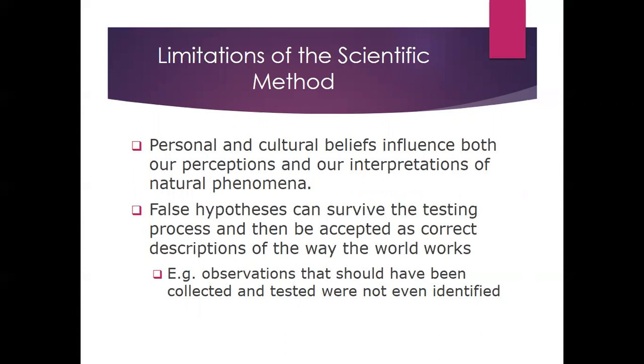All right. And that perception now can cause us to develop false hypotheses from the beginning. And if we have a false hypothesis, that can survive the testing process, and then you end up accepting the results as correct. And in other words, concluding that this is the way the world works.